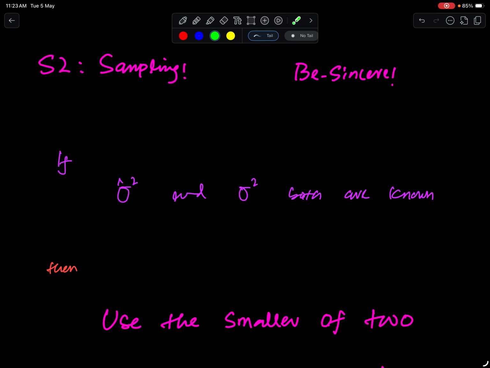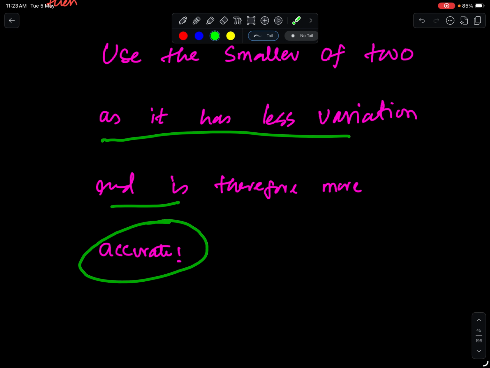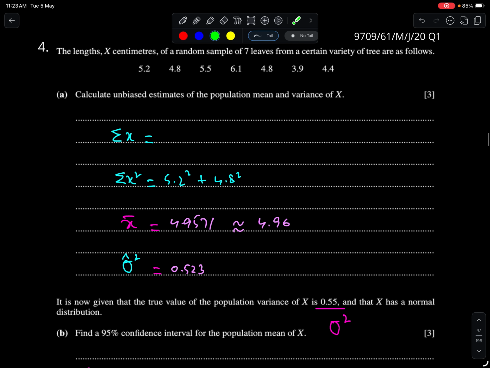This is an important question. If both are known, sigma cap square, the unbiased estimate of population variance, and the true population variance, then use the smaller of the two, as it has less variation and is therefore more accurate. This is an example. See, the unbiased estimate of population variance is 0.523, whereas the true population variance is 0.55.